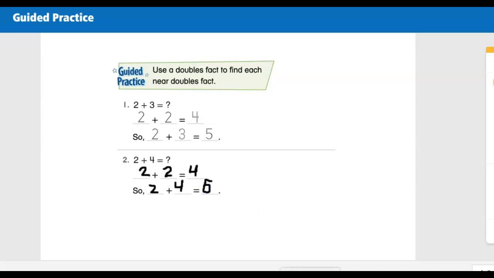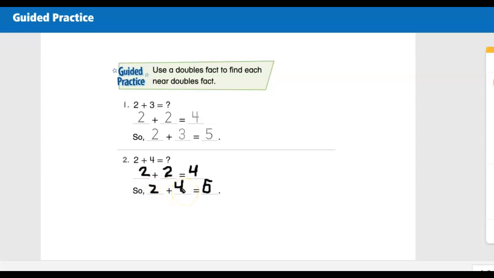So boys and girls, I know it can get kind of confusing, but just remember, if we are trying to solve for an addition problem and it wants us to use a doubles fact, we are going to solve the doubles fact first, see what the total is, see how many we need to add to get our answer that it was asking for.